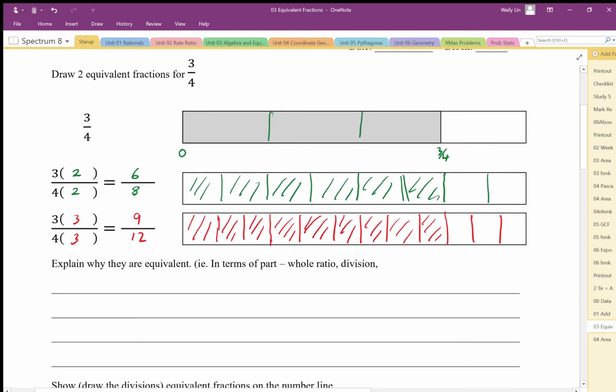Okay, so we can think of why they're equivalent. Well, some reasons why they're equivalent. There's many reasons. One, the numbers are the same. Okay, so we can say that the number is the same on the number line.